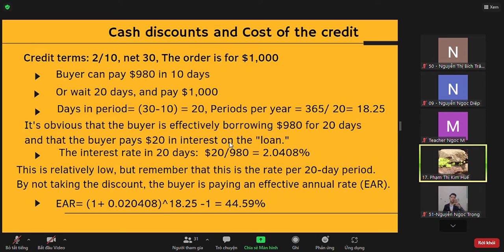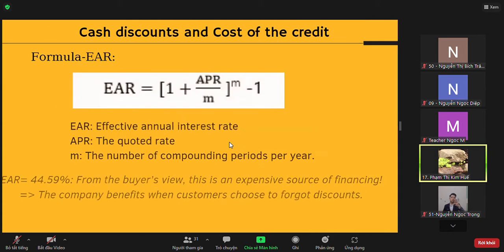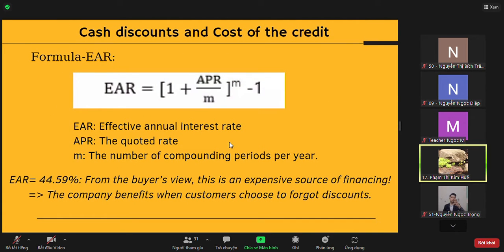EAR in this case equals 44.59%. From the buyer's view, this is an expensive source of financing, and so the company benefits when customers choose to forgo the discount. And we have the formula of EAR on the screen.